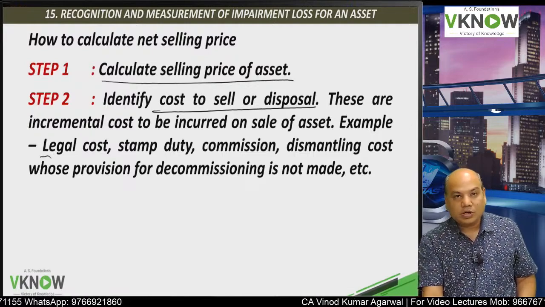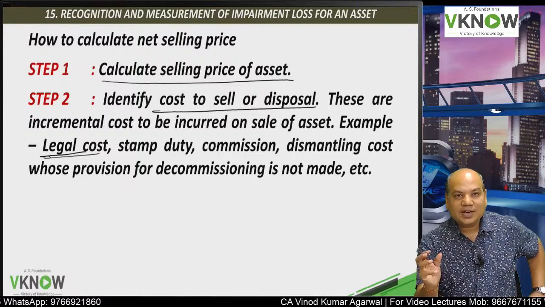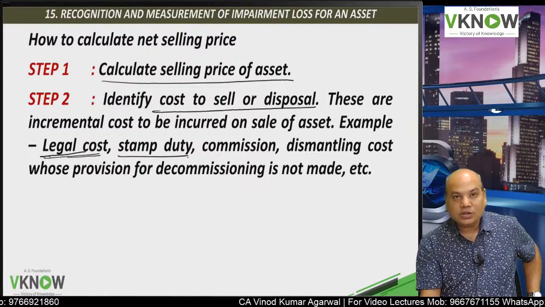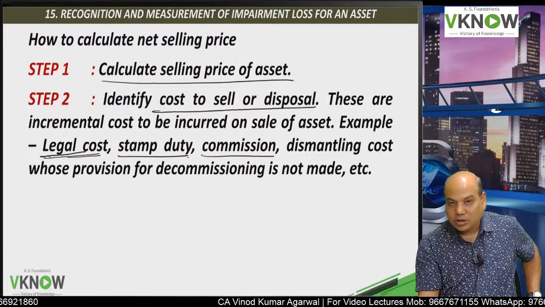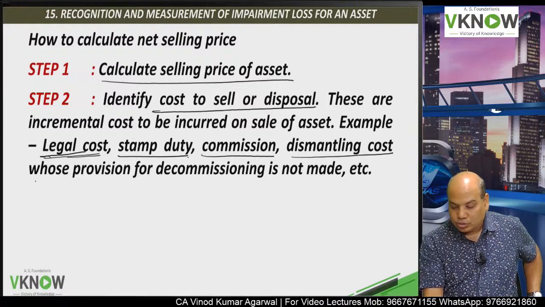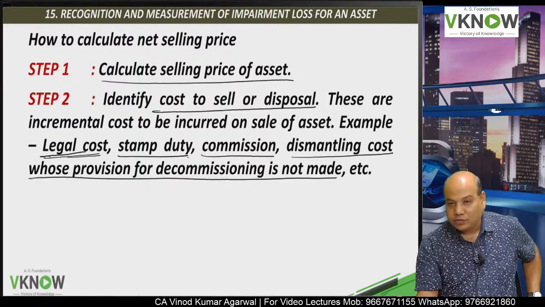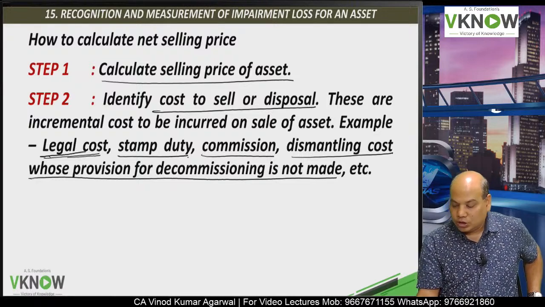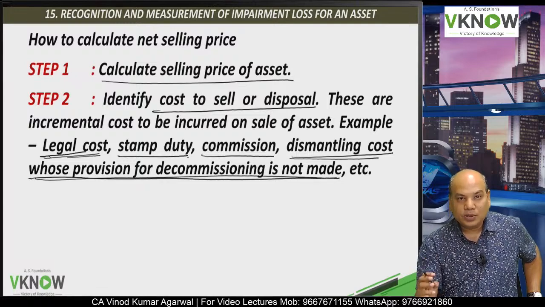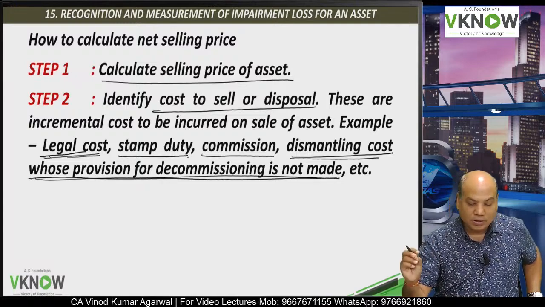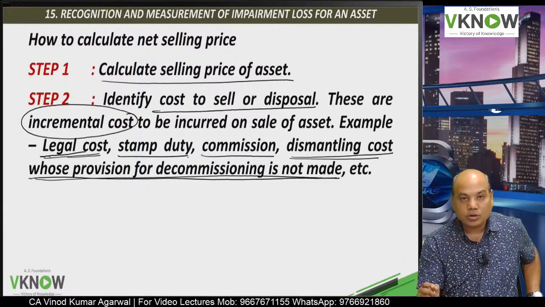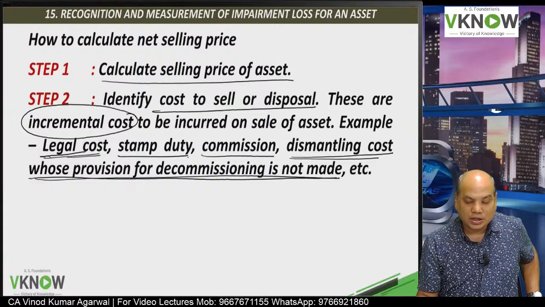Example of cost of sale or disposal: when you have to sell an asset, you might incur legal cost, you might incur stamp duty, you might incur commission, you might incur some dismantling cost whose provision for decommissioning is not yet made. So if all these costs will be incurred for the purpose of completing the sale, they are called cost of disposal or incremental cost to be incurred to sell the asset.